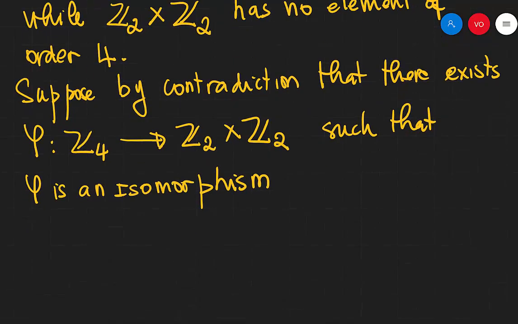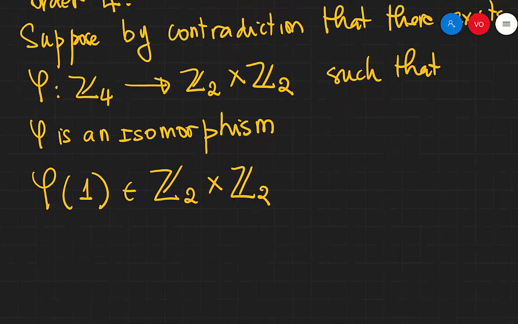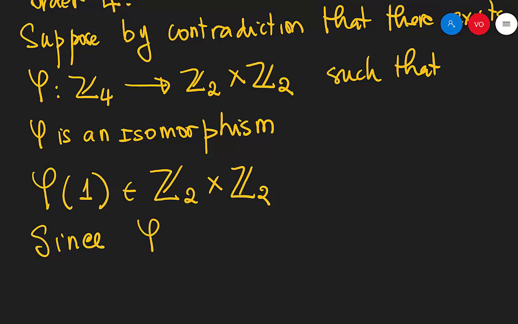This will imply that if you were to take phi of 1, that would be an element in Z2 cross Z2.